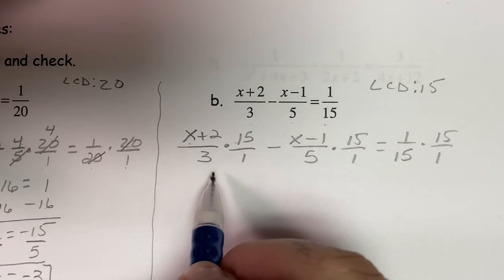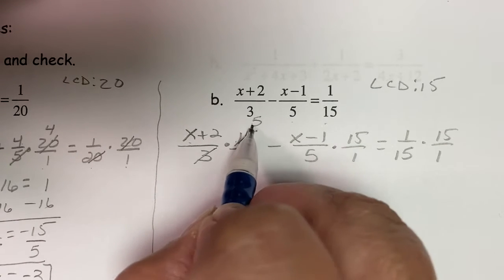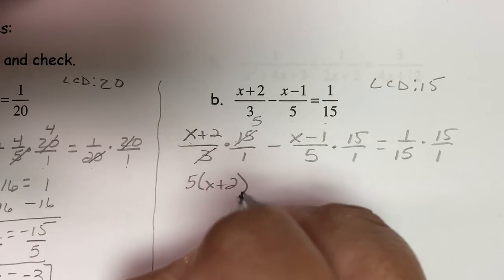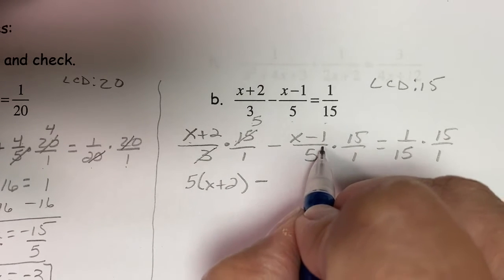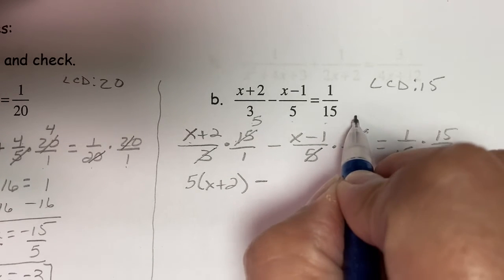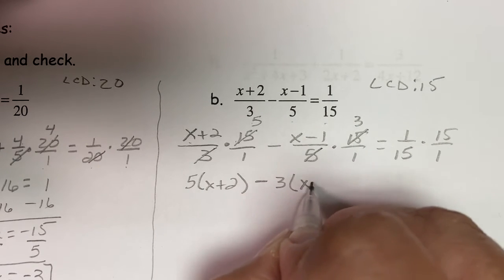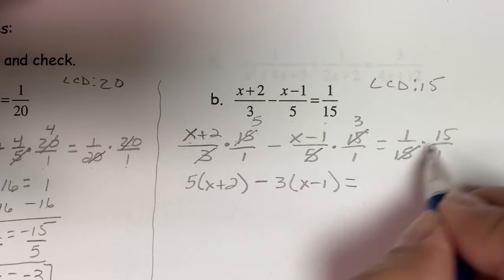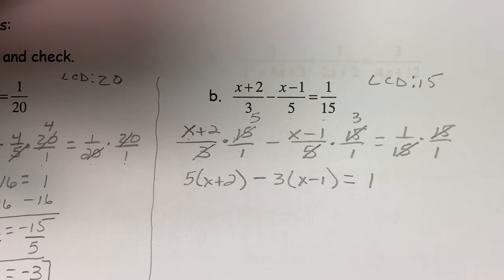So let's see what happens in this first term. The 3 will cancel into the 15, leaving me with 5. So I'm left with 5 times x plus 2. Minus, here, the 5 will cancel into the 15, leaving me with 3. So I'm left with 3 times x minus 1 is equal to, over here, the 15s cancel, and I'm simply left with a 1. All the fractions are gone.